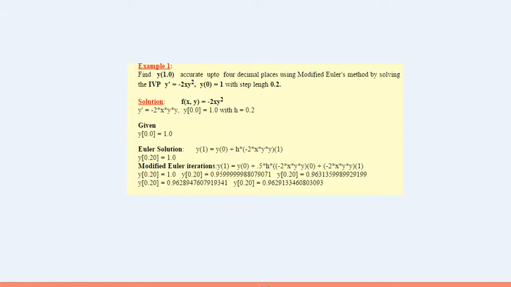This equation goes on into the further steps and we get the first answer, 0.9599, and then we do this step again and we get the answer 0.963135599. We repeat this step until we get four consecutive same decimal points.